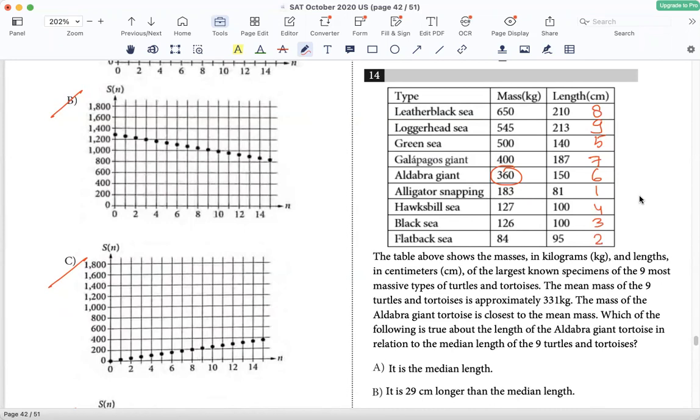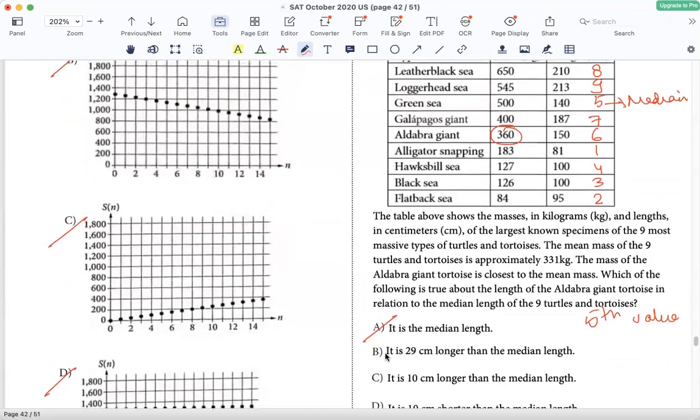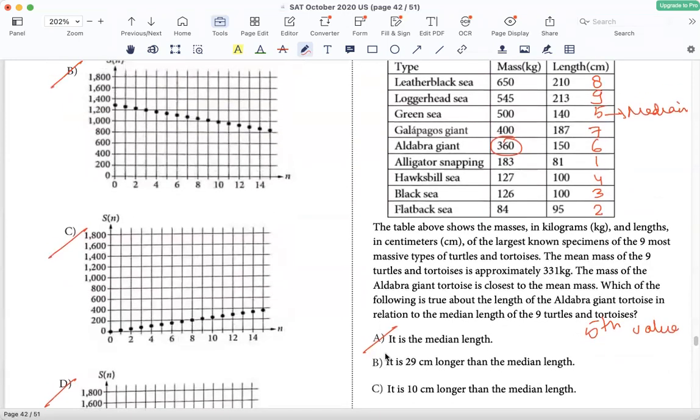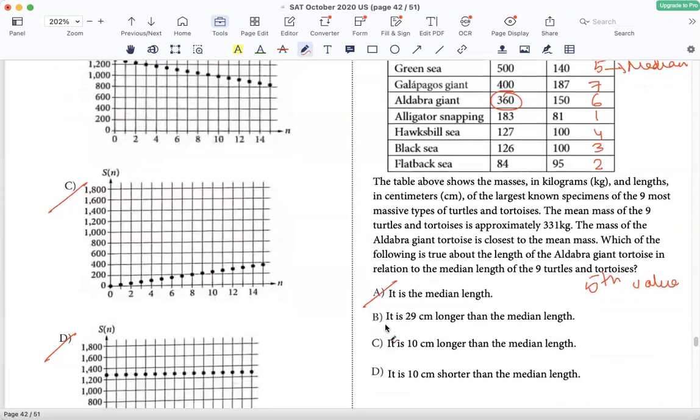For 9 values, the median will be the 5th value, right? So that's the green sea turtle. This is the median. So the Aldabra giant is not the median length. It is 29 centimeters longer than the median length? No, it's 10 centimeters longer. So C.